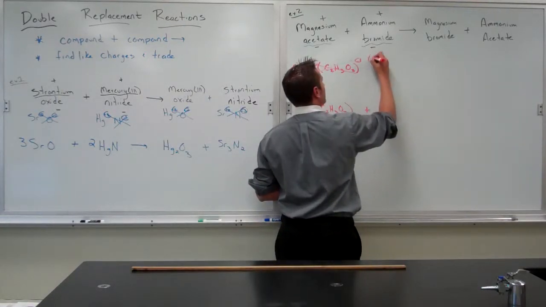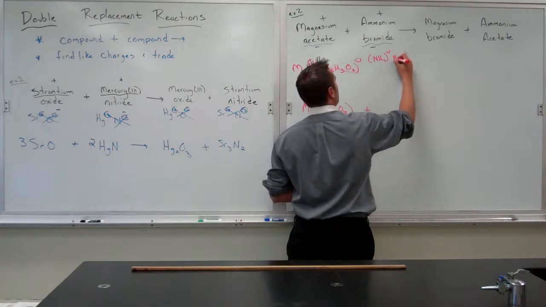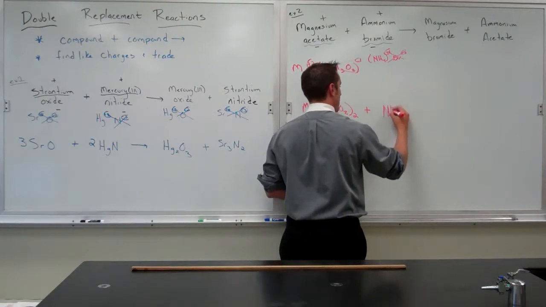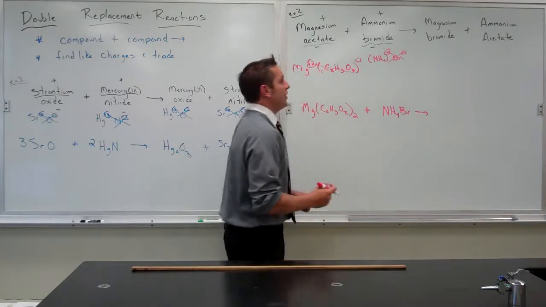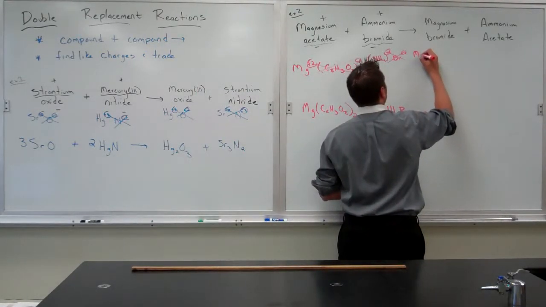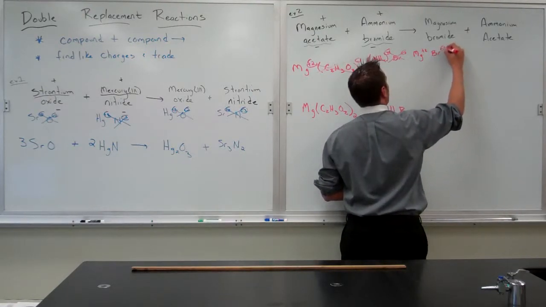Ammonium's the polyion this time, so NH4 plus 1, Br minus 1. Cross them down. NH4Br. Over to the other side, magnesium bromide. Mg plus 2, Br minus 1.